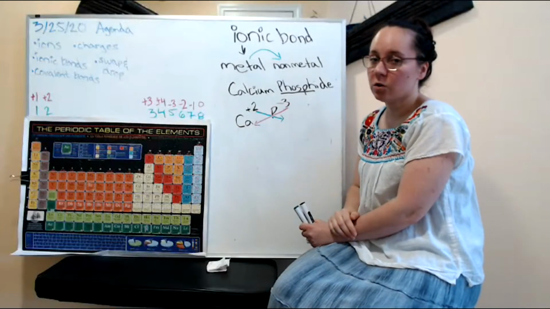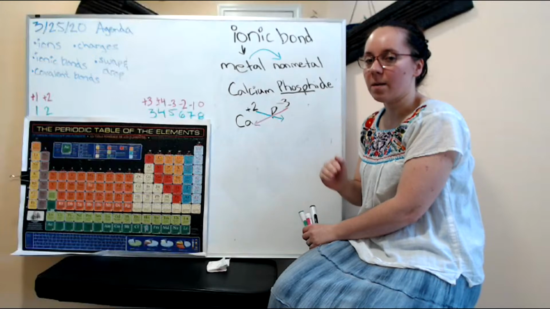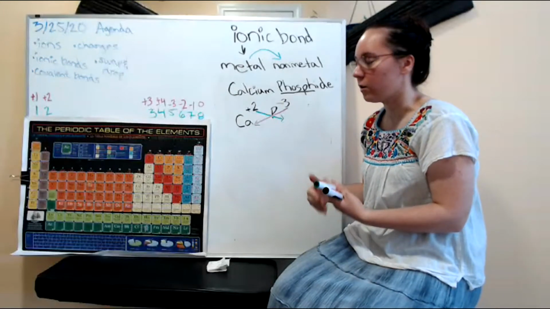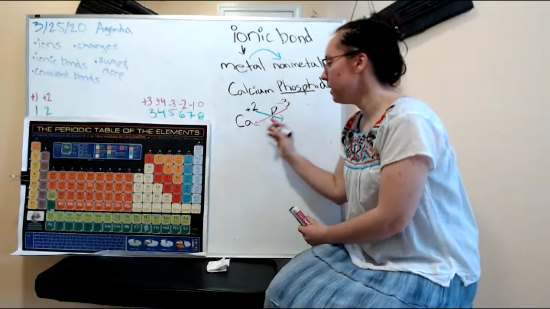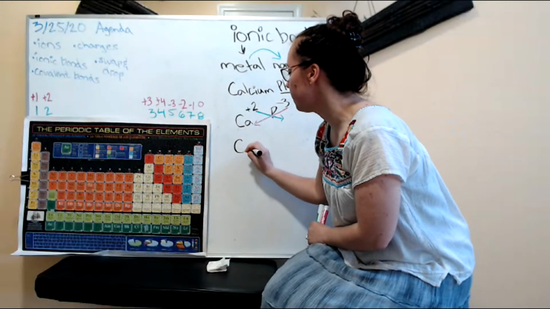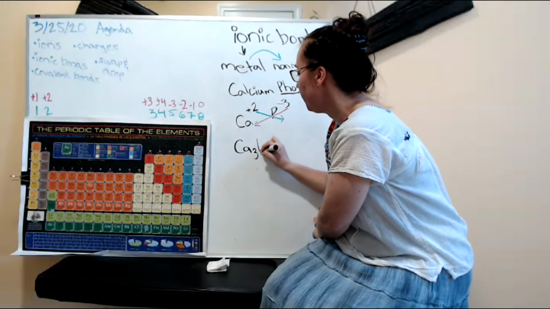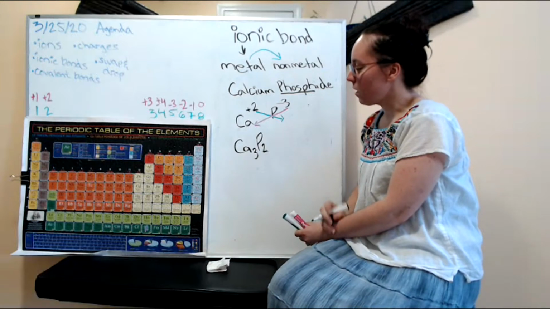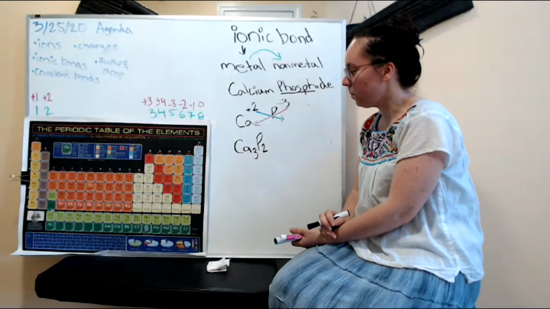Note, these two are not the same number. But when you do the swap and drop, it equalizes the ratio for you. And I'll show you a picture of what I mean too. All right, so this will give us Ca3P2. So for calcium phosphide, the chemical formula will be Ca3P2.